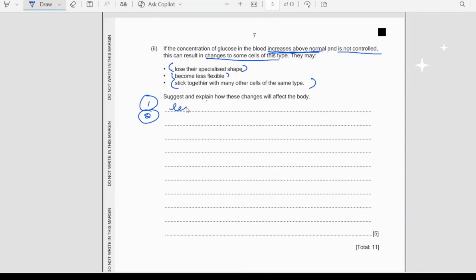Good. Since they have given you 3 points, stick to these points. Good.